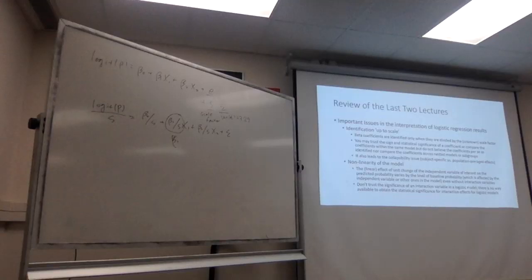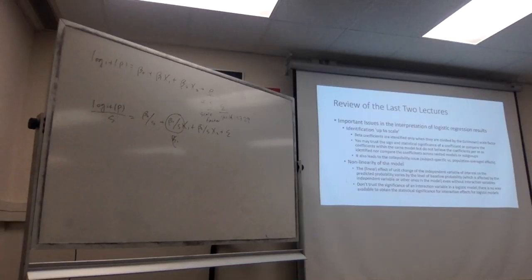And also for subgroups, if you divide a sample in logistic models, you can see a lot of examples in real data that divide the sample into two groups, for example men and women, and then run the logistic regression models for both groups and compare the coefficients.